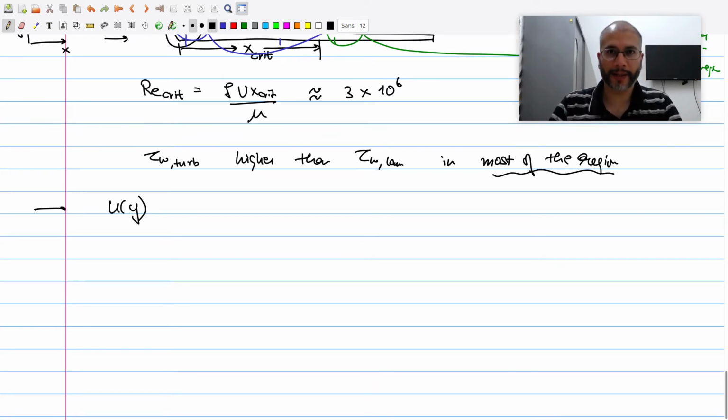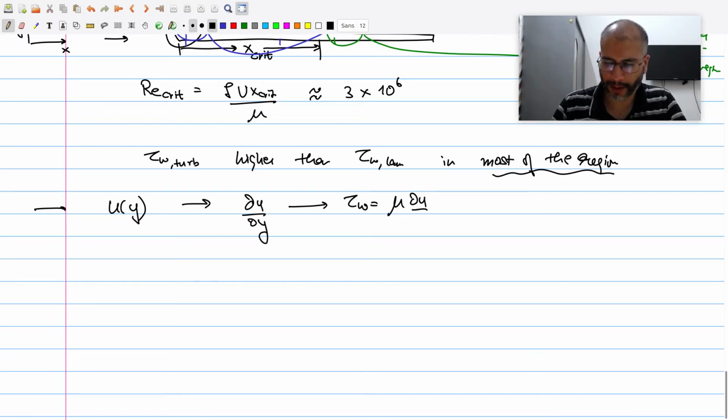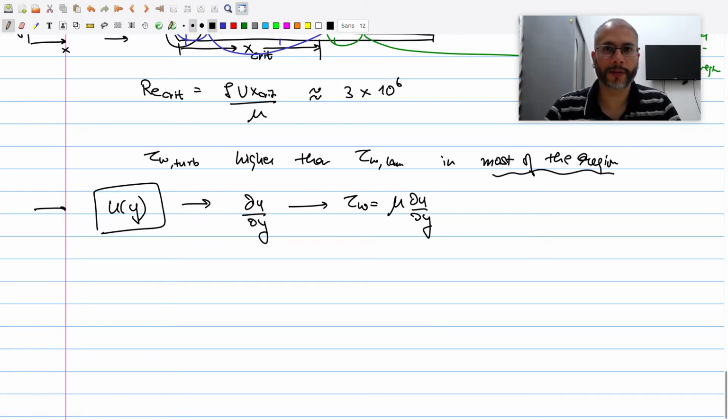Because if you can get this u profile, then you can get del u by del y, and from this you can calculate wall shear stress, because that is equal to mu times del u by del y. So this awareness of the flow profile inside the boundary layer is what is required, that too just above the wall.